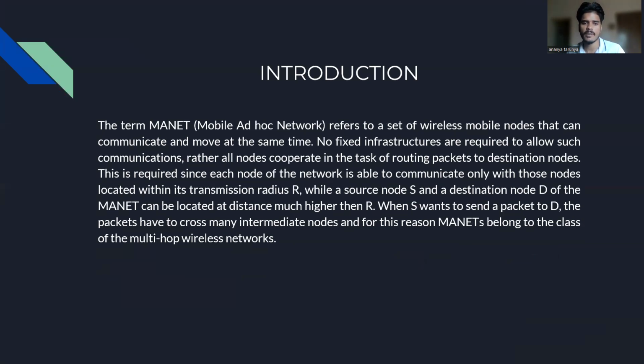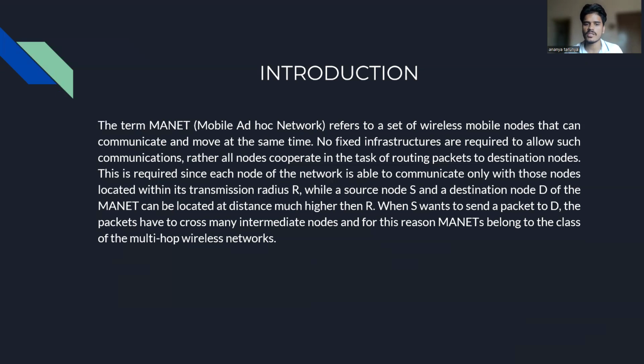In the introduction, MANET refers to a set of wireless mobile nodes that can communicate and move at the same time. No fixed infrastructure is required to allow such communication. Rather, all nodes cooperate in the task of routing packets to destination nodes.